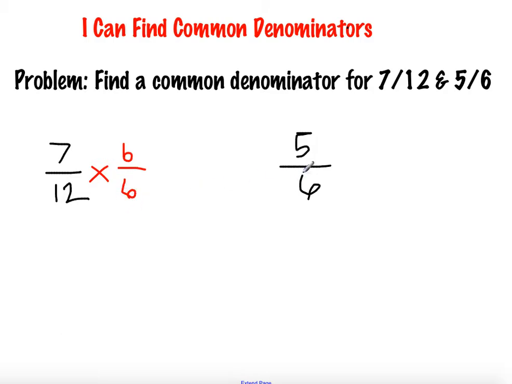I got my 6 from right here, from my opposite fraction. I would multiply those across, so 7 times 6 is 42, and 12 times 6 is 72.